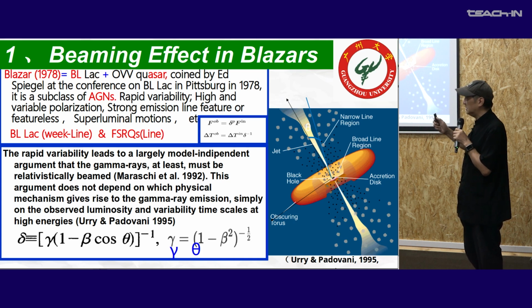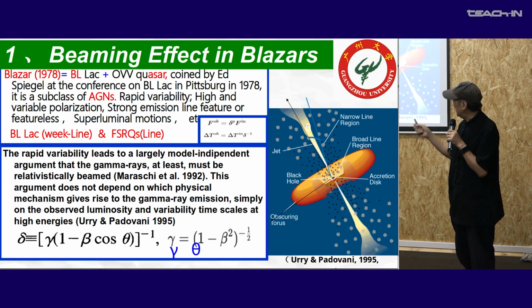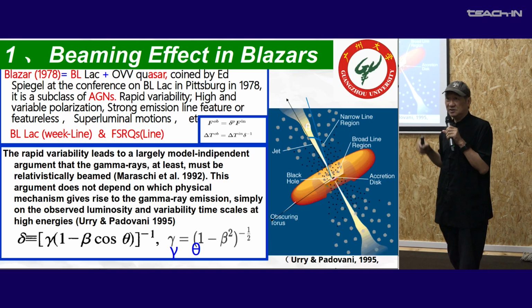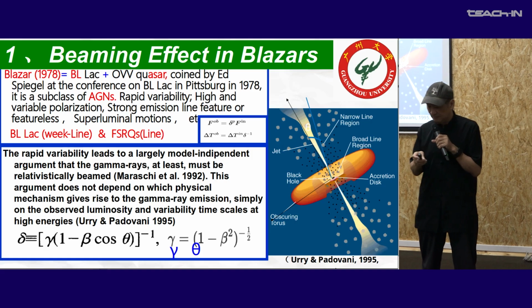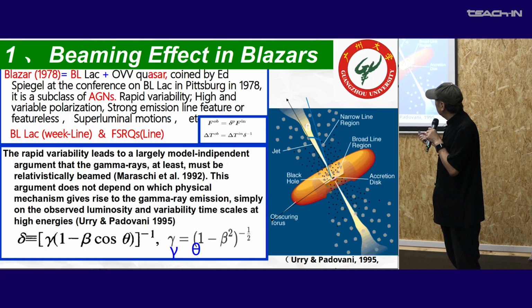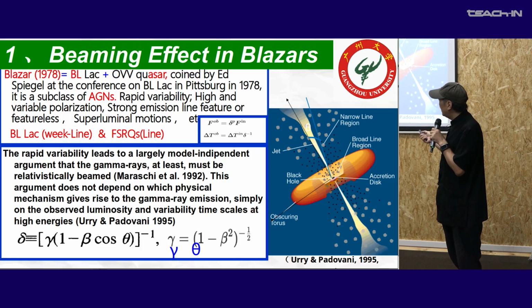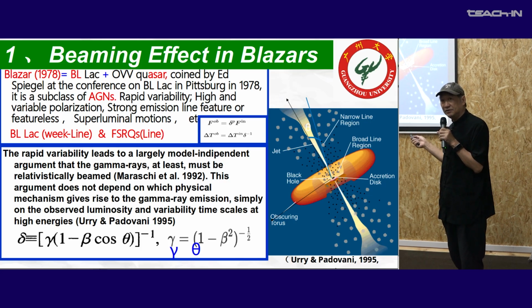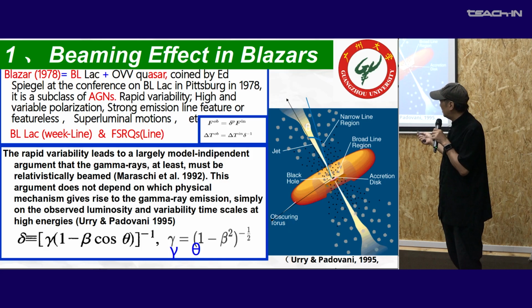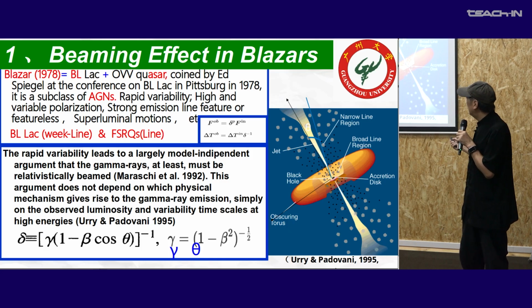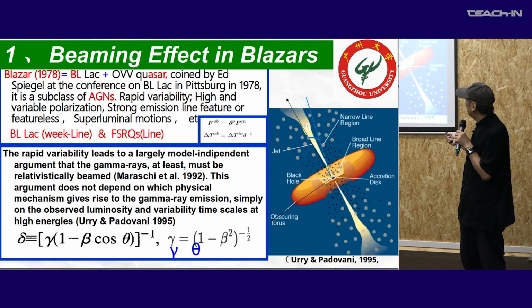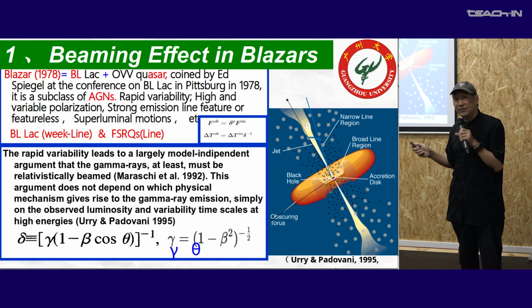When the jet points to us, there is a beam effect, just as Elena said a few days ago. And this delta is a very, very important factor. We call it the Doppler factor, and it depends on the bulk motion velocity gamma and also the viewing angle theta.